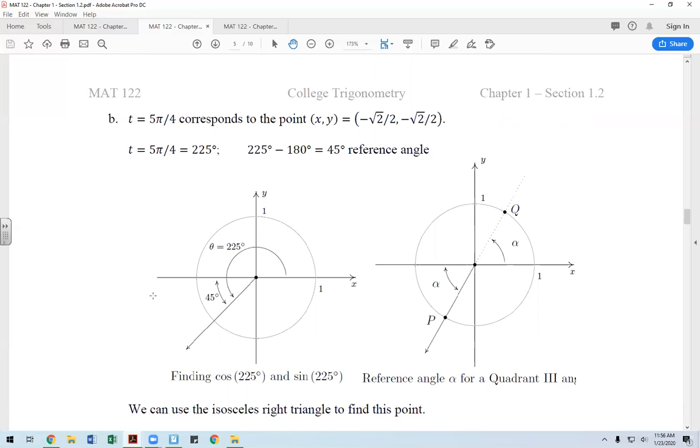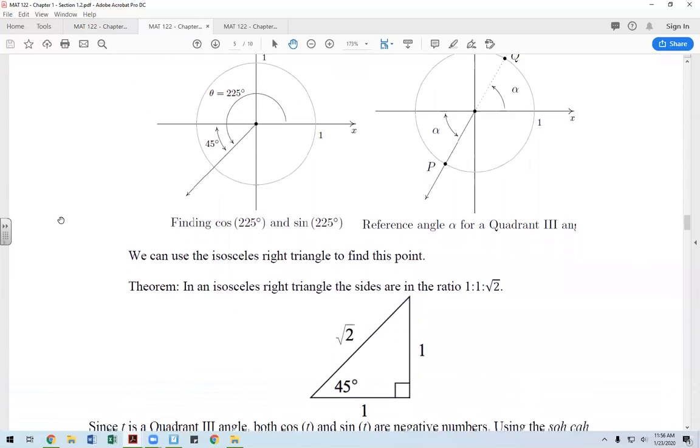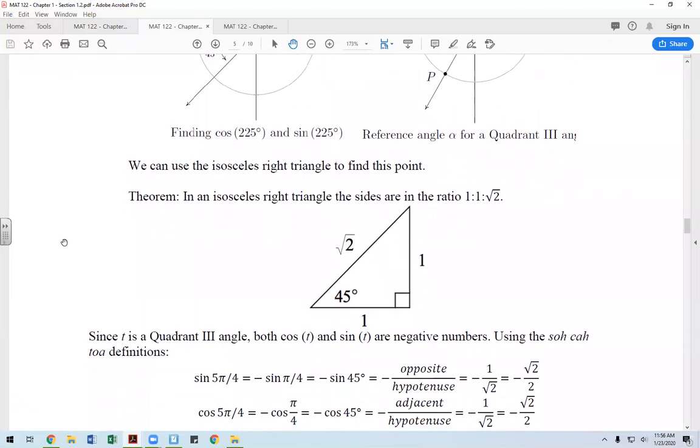And then again, we're using the idea of either the table, or you can actually use the concept of an isosceles triangle, kind of like the 30, 60, 90, but this one is basically 45, 45, and 90, right? So since my angle measurements are the same for both of these acute angles, these two are going to be the same measurement, which is the definition of isosceles, right? The two sides are going to have the same length.